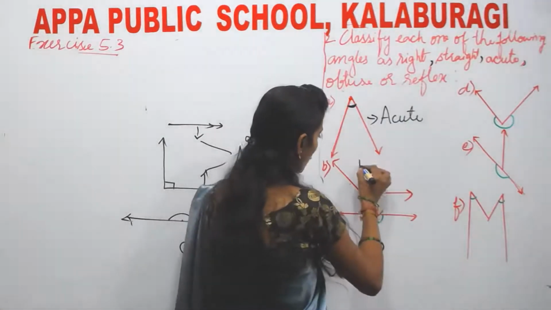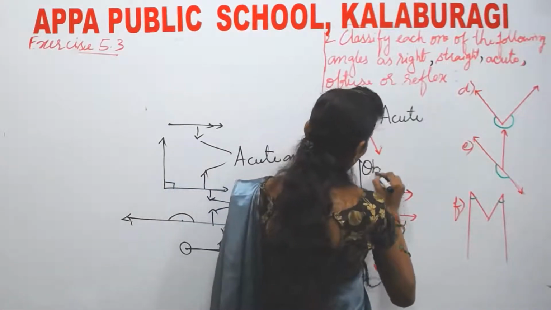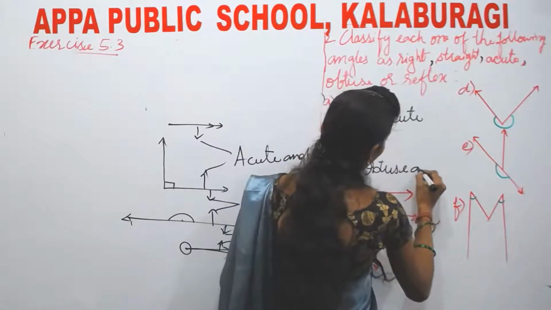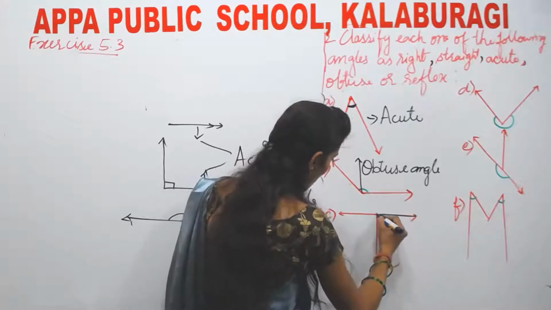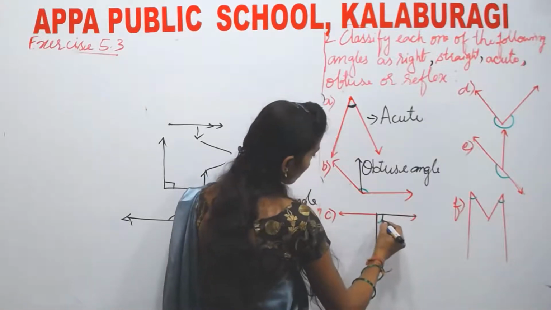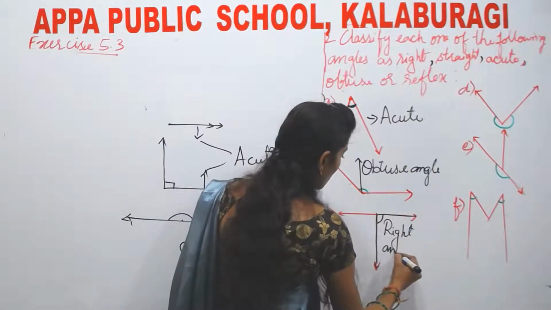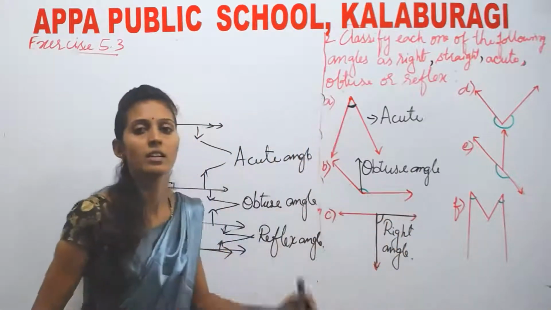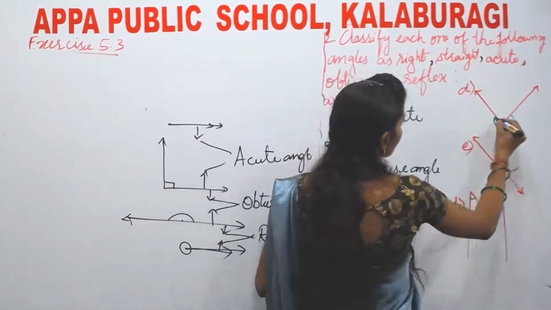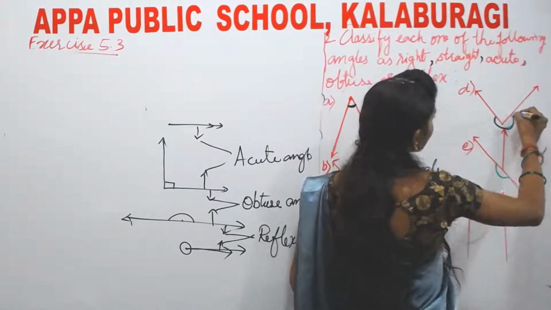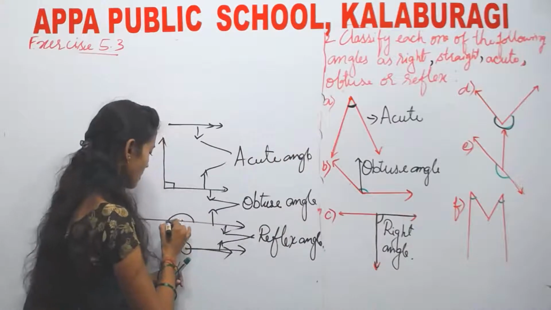So this is what I'm writing here. See here, this is more than 90 degree, so therefore, this is an obtuse angle. Okay. Next, see, this is horizontal and this is vertical, so therefore, this is a right angle. Without measuring, just by looking we can guess the type of angle, right? See, this is more than a semicircle.